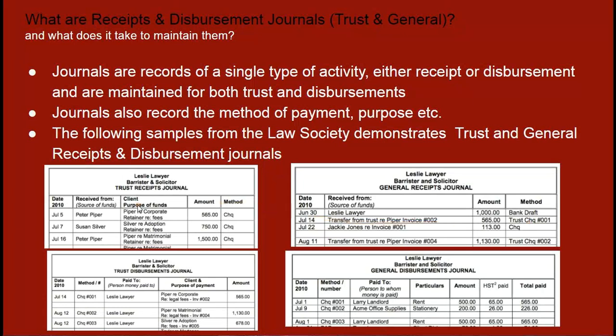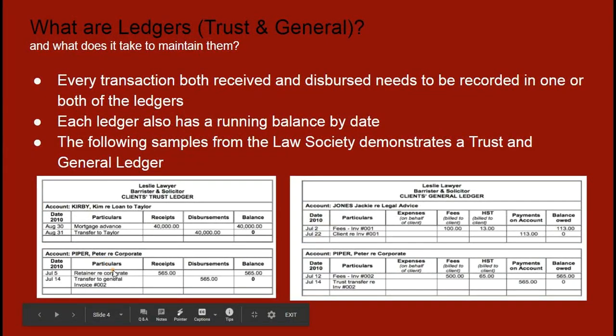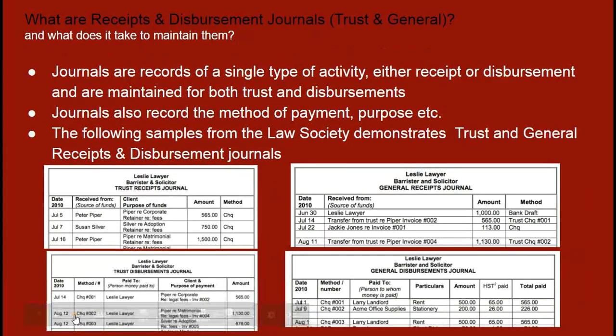So when the auditor has the trust journal, the general journal, the trust ledger, and the general ledger, I'm sure you can appreciate that the auditor, or anyone reviewing these four sets of documents, would have a complete picture of the flow of money from and to in a particular date time period for a specific client on behalf of your business.